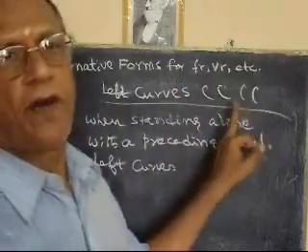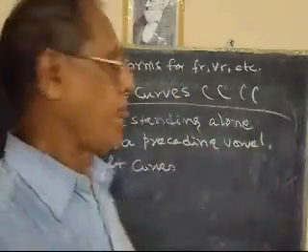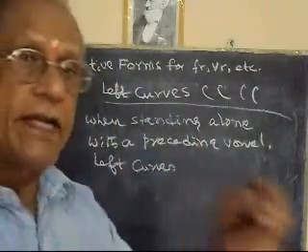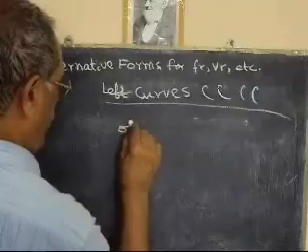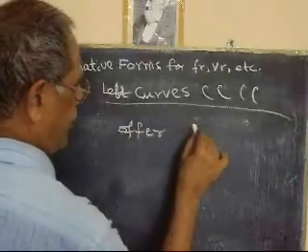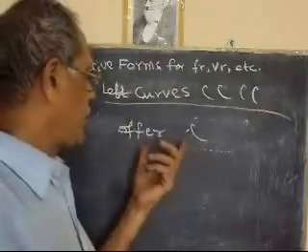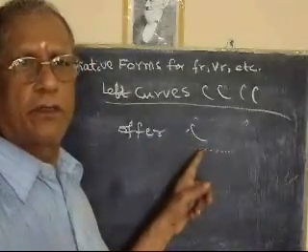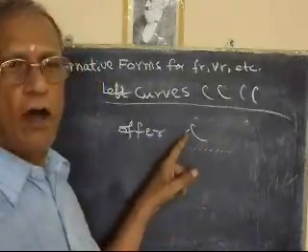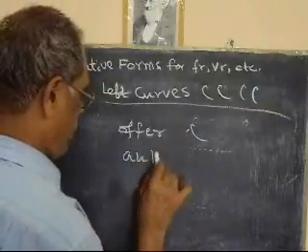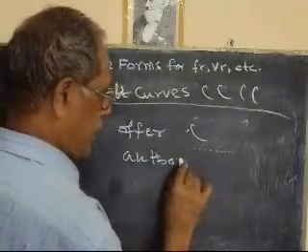Left curves far, var, thar, dar are used when standing alone with a preceding vowel. Offer. It stands alone, with a preceding vowel: offer. Author.